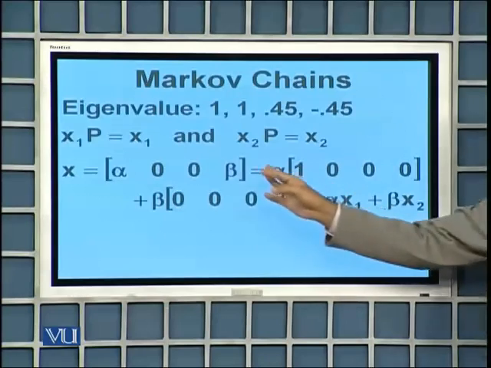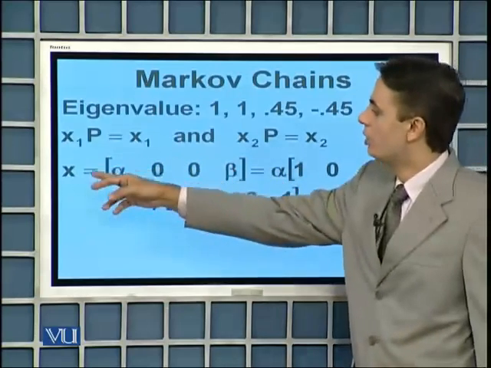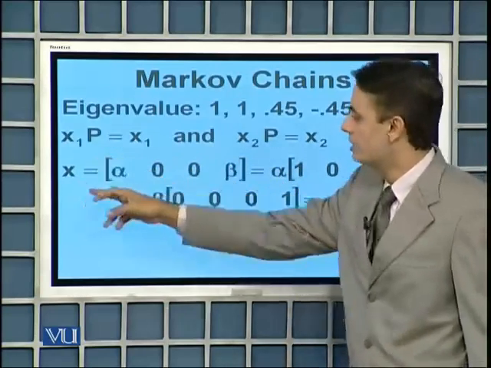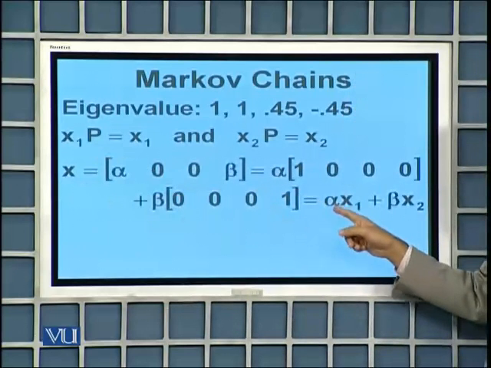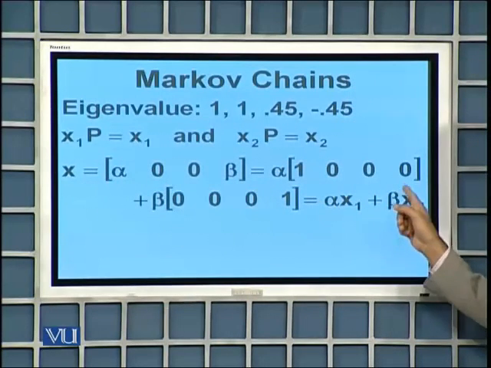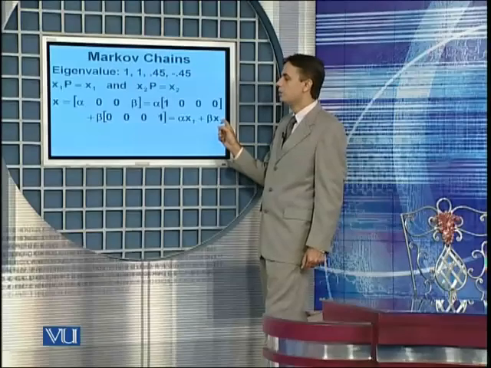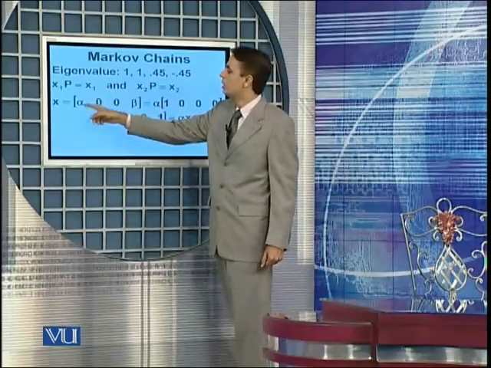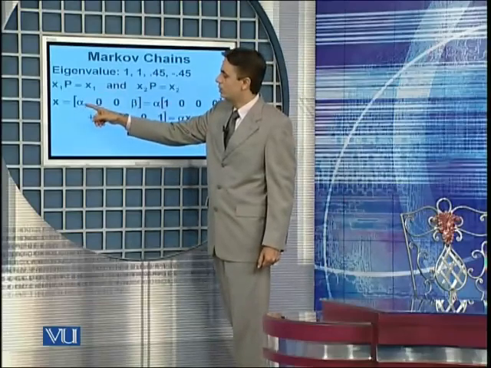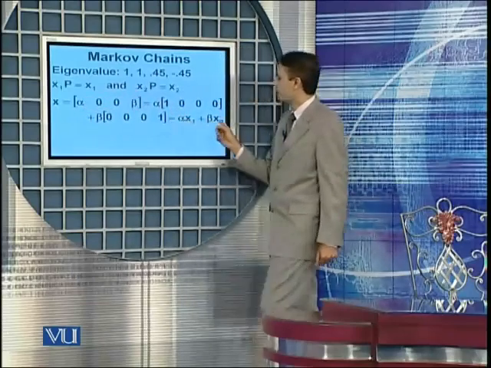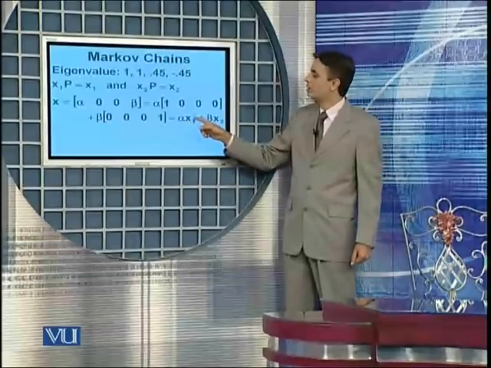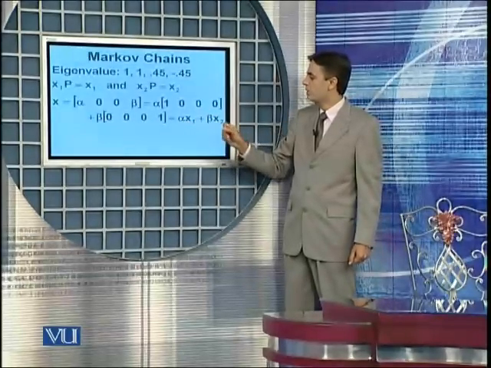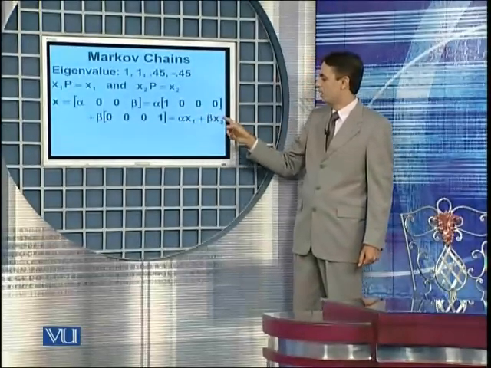Hence, a starting probability distribution of this form x can be represented as alpha times x1 plus beta times x2. So any general probability distribution where the middle entries are 0 and the two end entries, alpha and beta, are non-zero can be represented as alpha times x1, the first eigenvector, plus beta times x2, the second eigenvector.